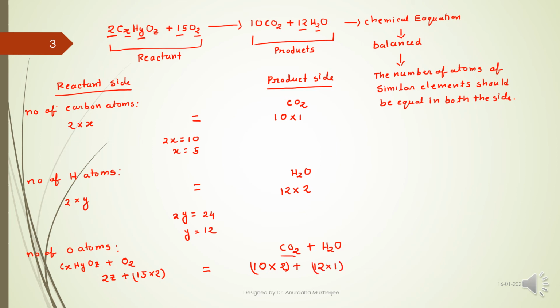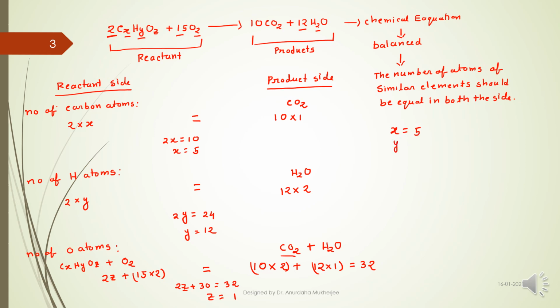So the total is 32. So 2z plus 30 equals 32, then z equals 1.